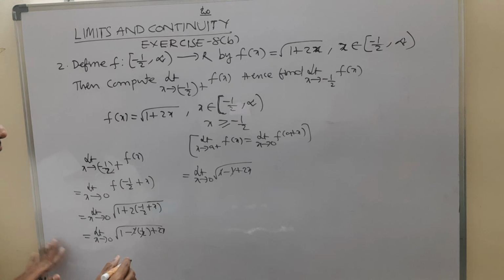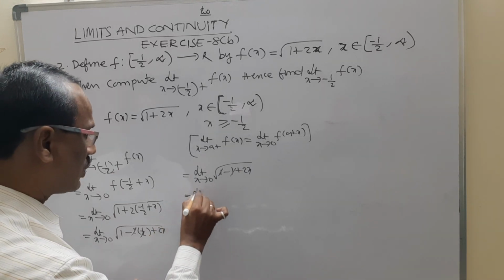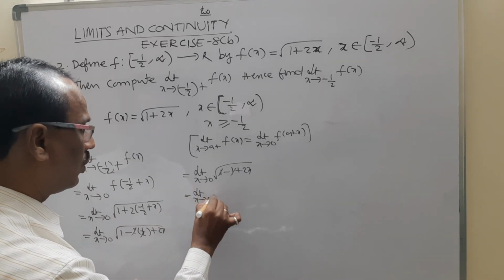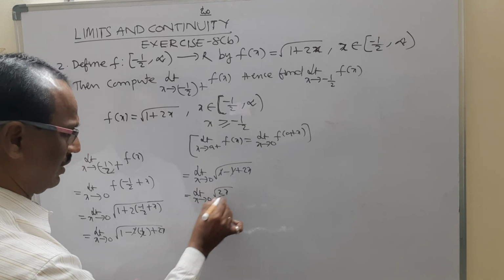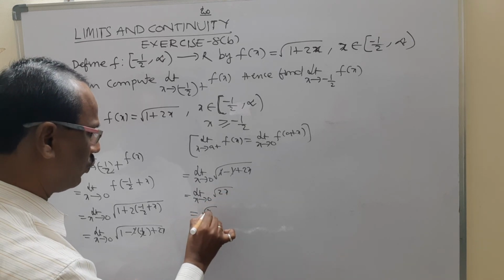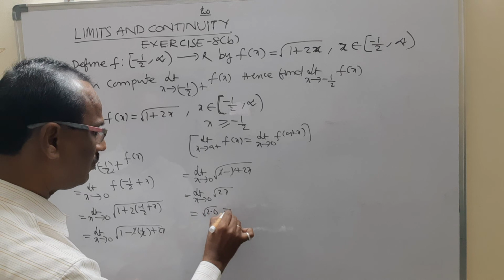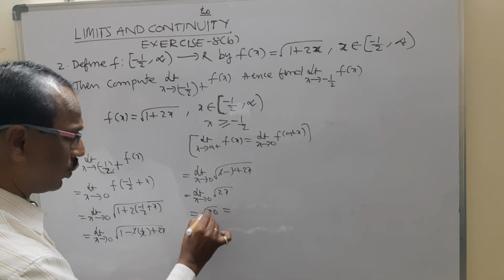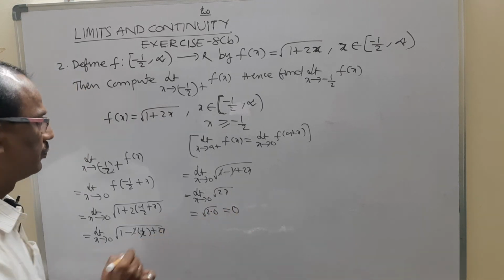The 1 minus 1 gets cancelled, leaving limit x tends to 0 of root 2x. At x equal to 0, square root of 2 into 0, root 0, equals 0.